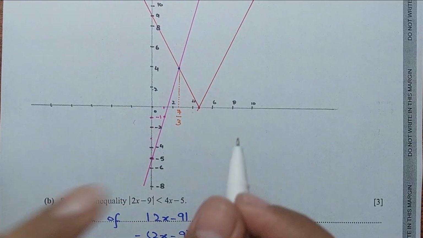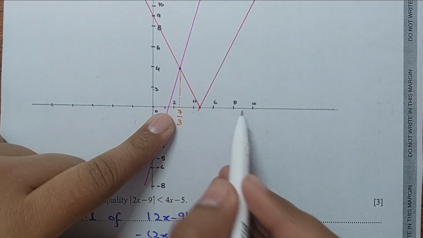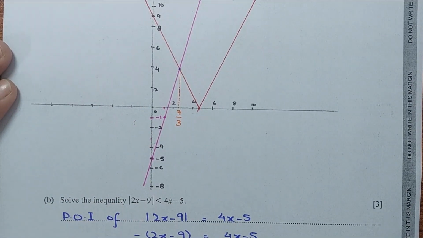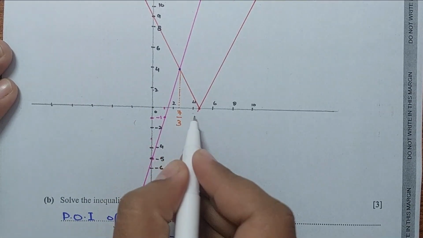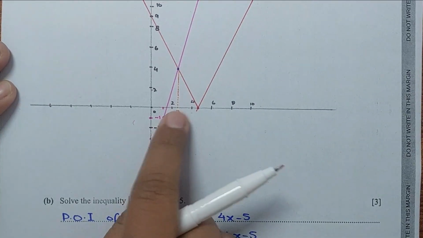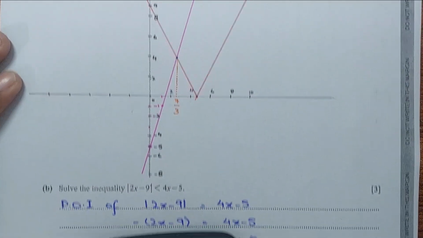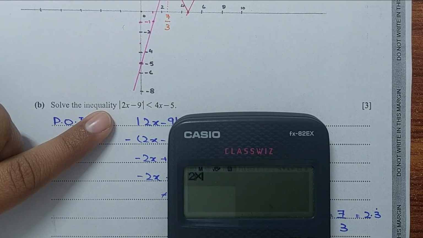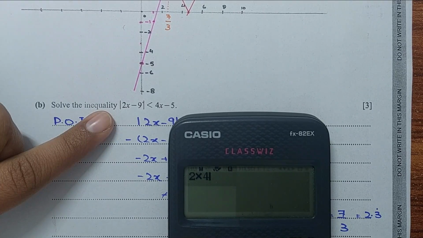Okay, so when we put values which are more than 7 by 3, we can check. More than 7 by 3, 7 by 3 is 2.3. If I take 4, then the absolute function 2 times 4 minus 9 is -1, and the absolute value of -1 is just 1, right?